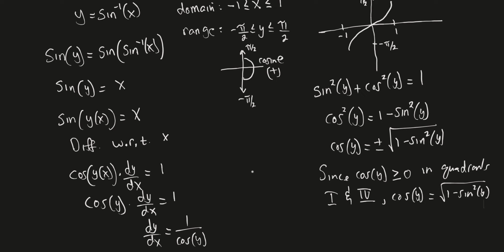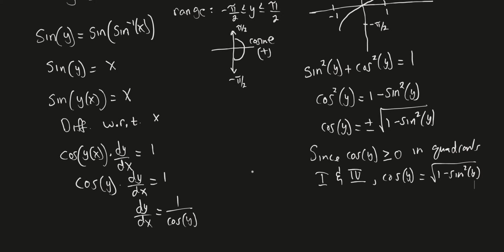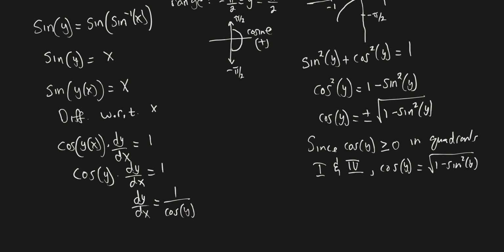Okay, so how does this help? Well, we know that the sine of y is equal to x. So let me write this a little more clearly. Under the square root, we have 1 minus the sine of y, all squared. If I take the sine of y and replace it with x, I can put an x right here.